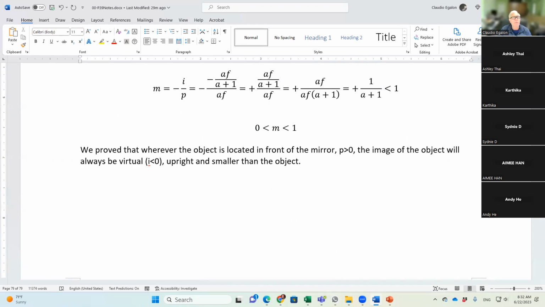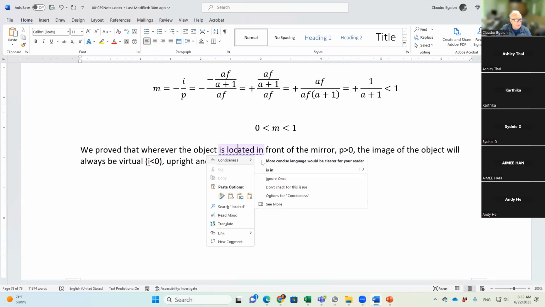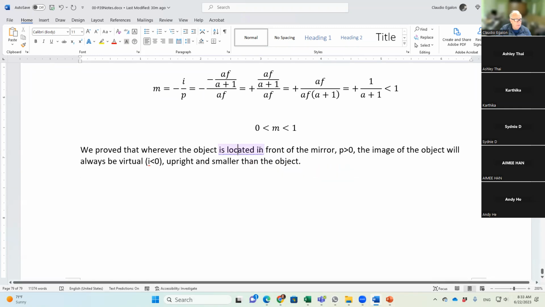There is a case in which p can be less than 0, but we're not going to cover that. That's the condition here.